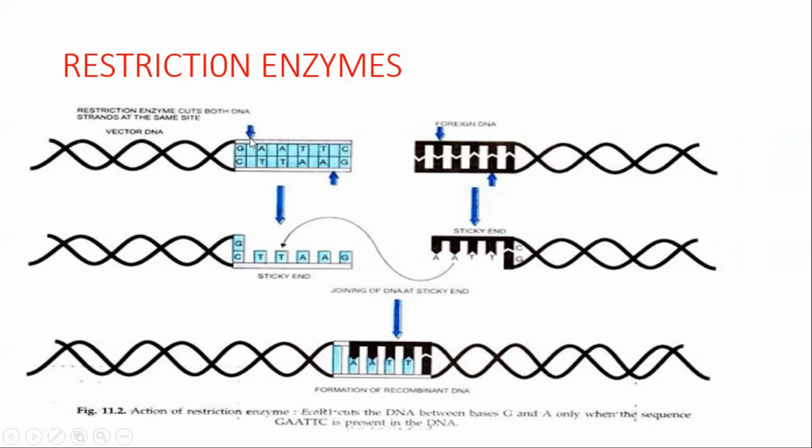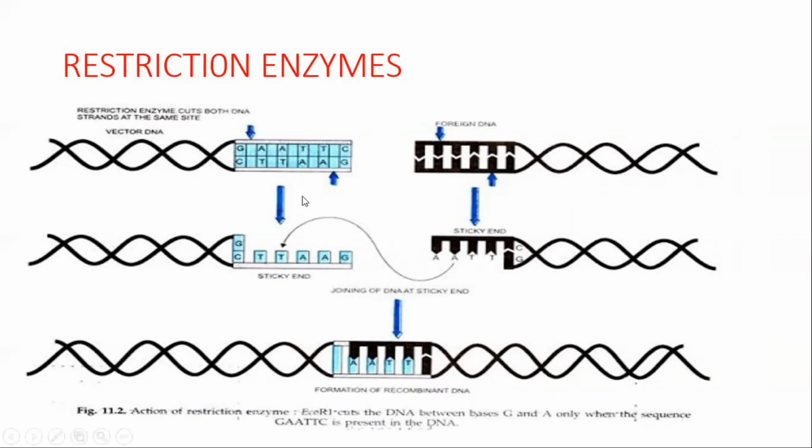In the upper strand of the sequence, it is making a cut between G and A. And in the lower strand of the vector DNA, it is making a cut at G and A. The same thing is going to happen here also. So it is going to make cuts at the same sites of the opposite strands. This is a very, very important carry forward point.